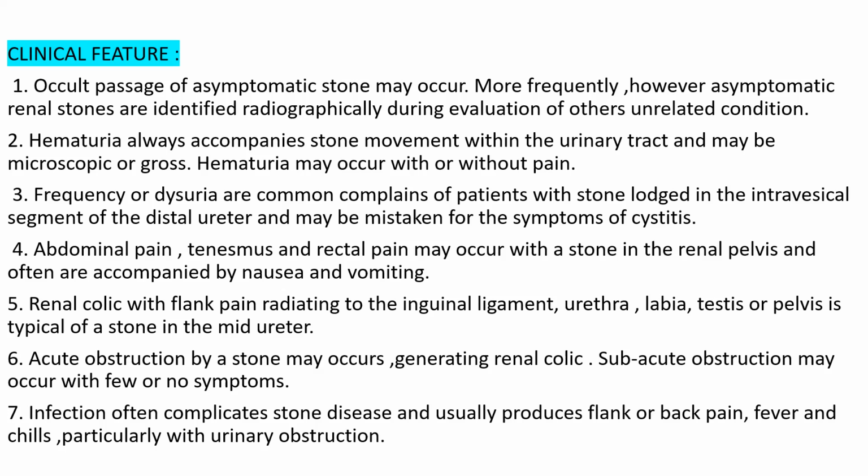Microscopic means there is a presence of blood in your urine, but you cannot see it with your naked eyes. You have to collect the sample of your urine and go to the lab for investigation. Under the microscope, they will observe. Then only they can find out that there is a presence of blood in your urine. That is the meaning of microscopic or gross.